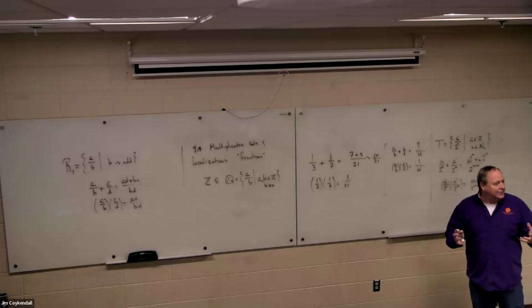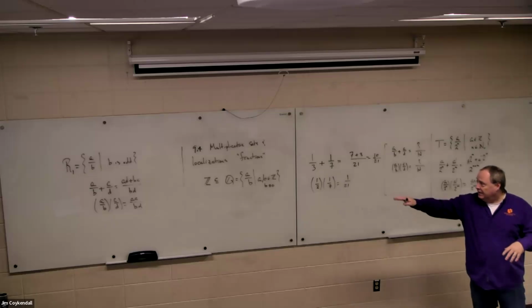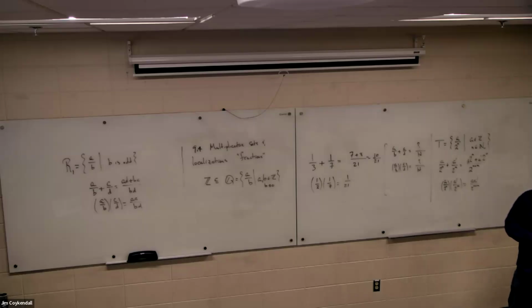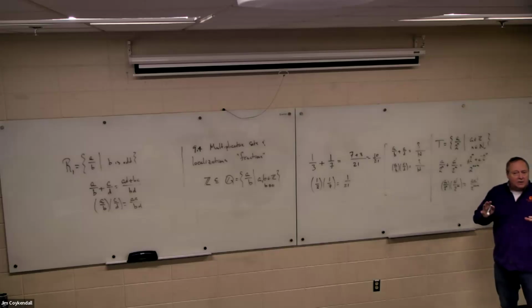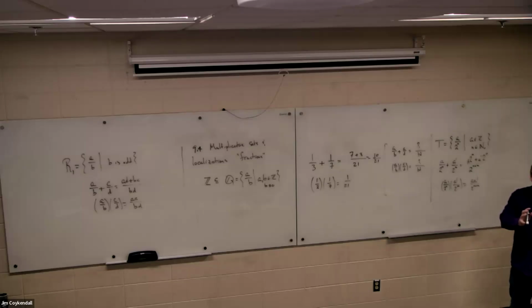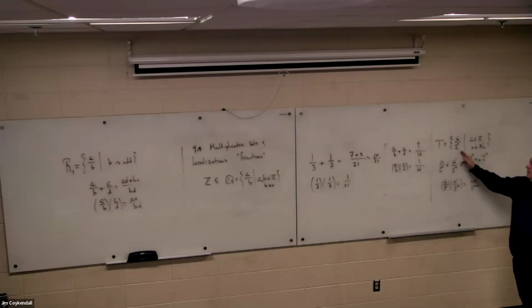Localizations are basically rings of fractions, where you take some subset like this and allow it to be denominators. What you end up doing is you turn a bunch of stuff into units. And when you're looking at a ring and trying to study what's going on in it, sometimes turning stuff into units and pushing it off to the side like that clarifies the ideal structure. For example, in this ring right here, can anybody characterize T?